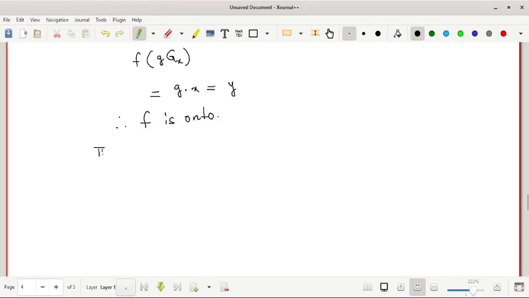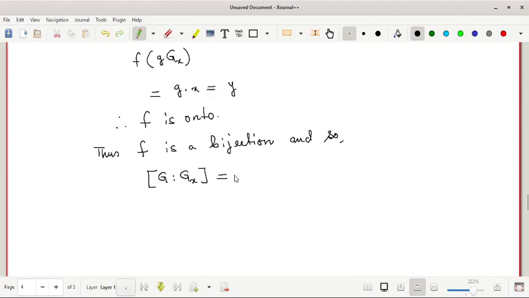Thus, f is a bijection, and so the index of Gx in G is exactly the same as the cardinality of script L, and that is the same as the cardinality of the orbit of x.